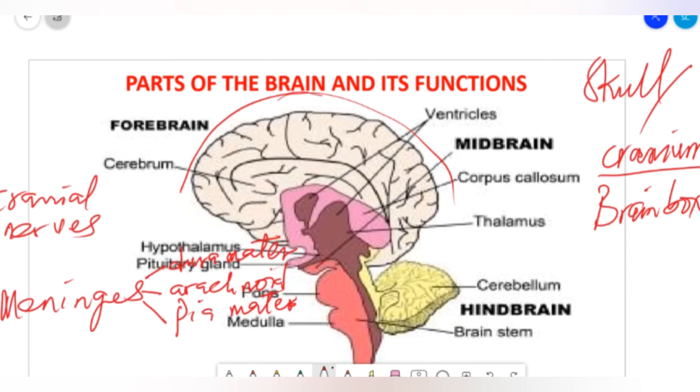Now, each of these membranes covers the brain. We have the first one, the second one, the third one. They protect the brain. In between each of these three membranes, we have fluid.